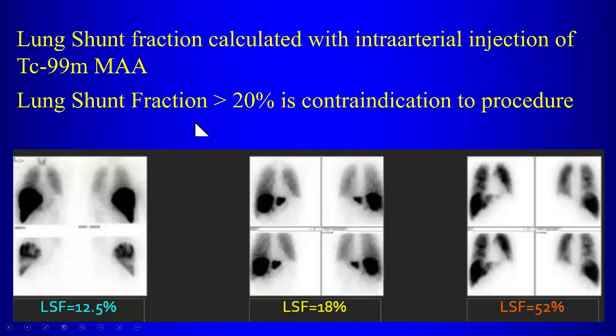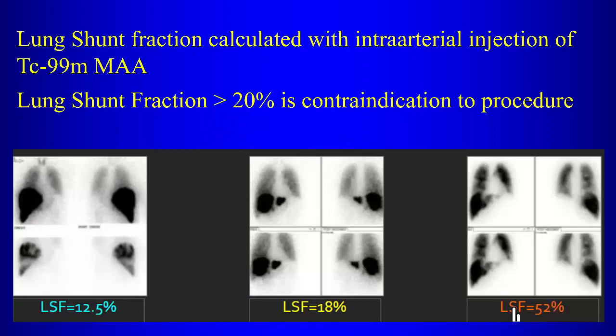This is why before the patient is given therapy, they will calculate a lung shunt fraction, and that's calculated by an intraarterial injection of technetium-99 MAA. The patient will go to nuclear medicine imaging, and from the data, they will calculate how much shunting is going to the lung. If that's greater than 20%, it's a contraindication to the procedure.